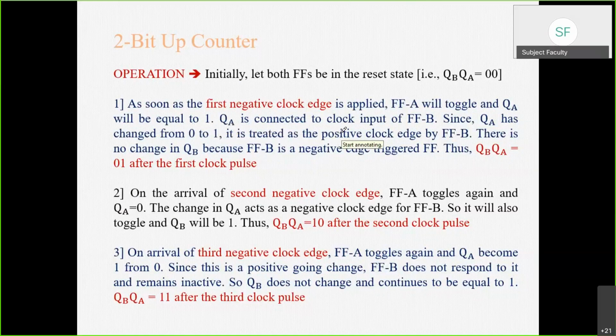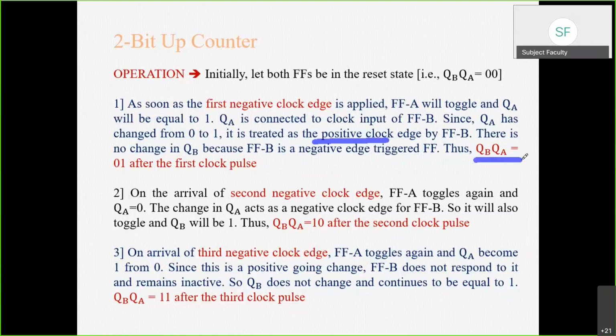But QA is connected to the clock input of flip-flop B. Since QA has changed from 0 to 1, it is treated as a positive clock edge by flip-flop B, but our flip-flop is negatively edge triggered. So there will be no change in QB.